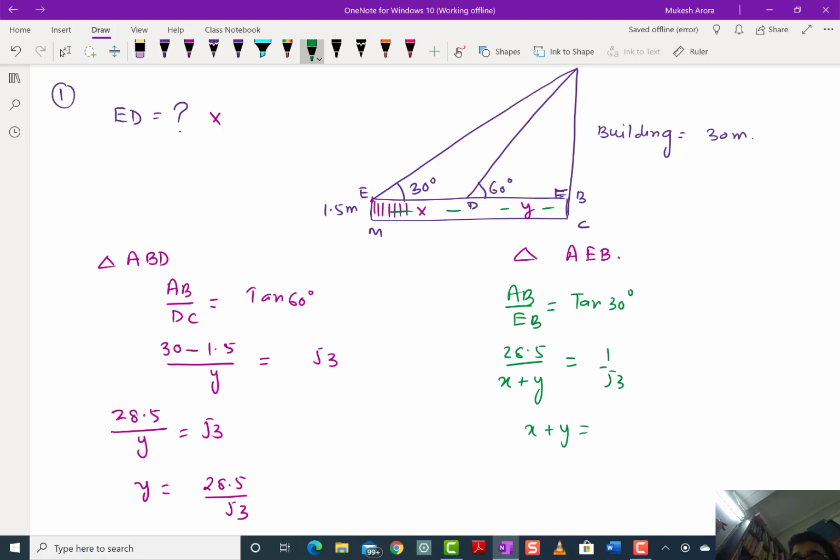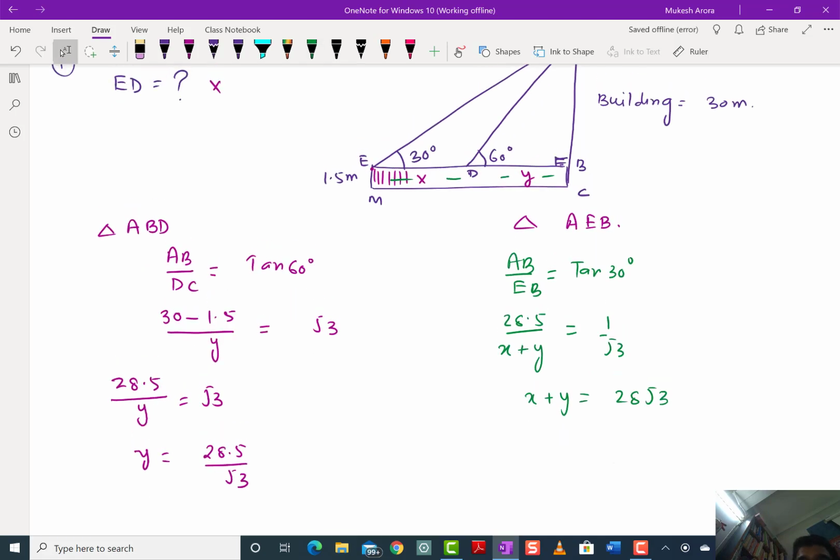X plus Y is equal to 28.5 root 3, and the value of Y, we have to find X, so we'll find from here Y, 28.5 root 3 minus X, this is 1, 2.